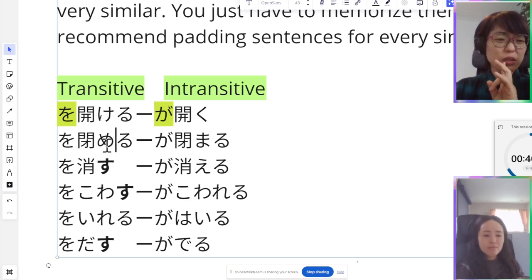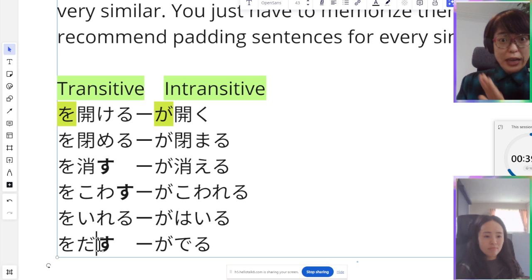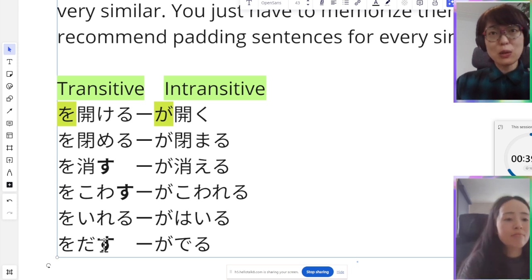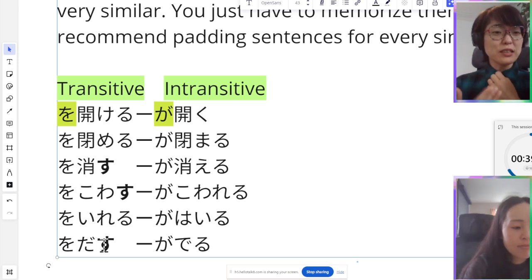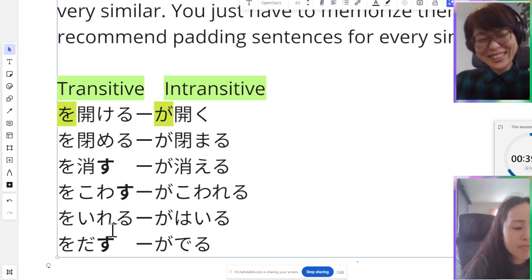Of course, if it ends with su, it means 五段. So transitive verbs have more chance to become 五段.